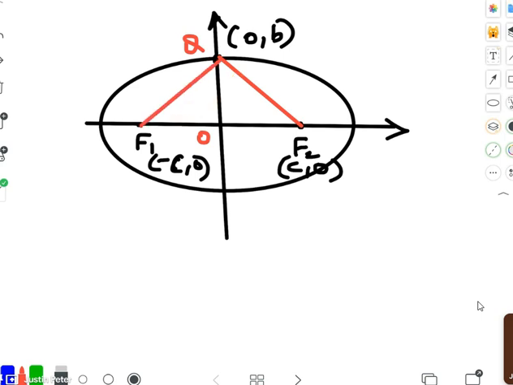All right. Now, this length is what? OQ is what? b. Right? OF2 is c. So what will be QF2?